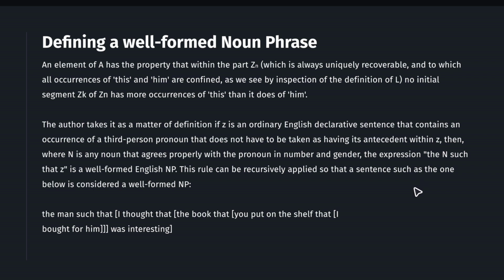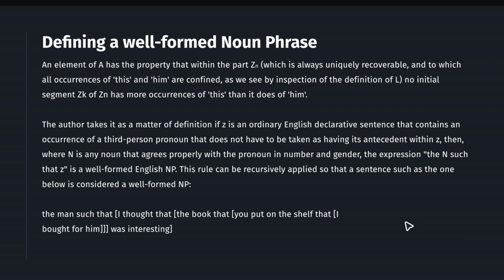What this is trying to say is that Z is defined as a union of some phrases, like "gave this to this," "gave him to this," and so on. For a k-length segment of some Zn, the number of "this" occurrences cannot exceed the number of "him" occurrences by more than 1. We're going to use this property later in the proof.